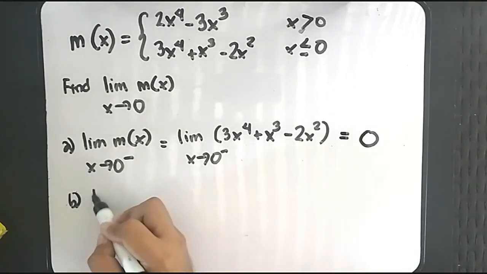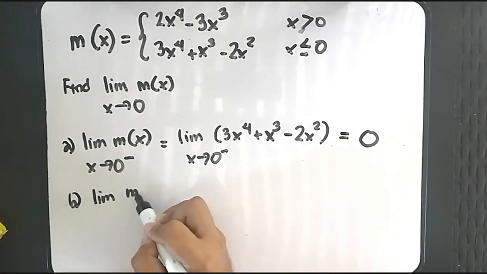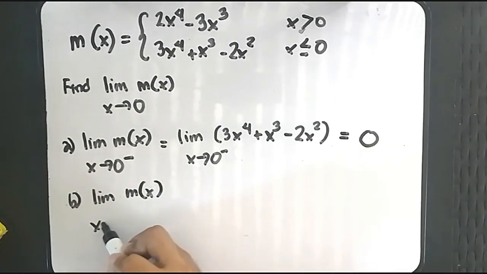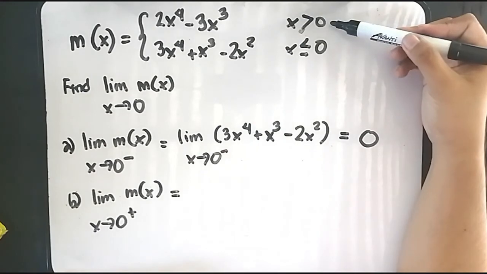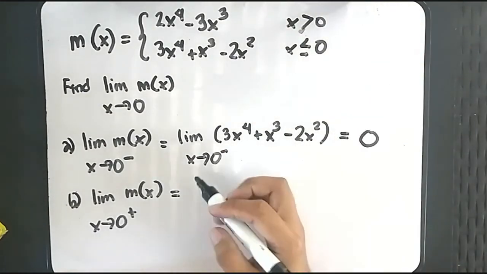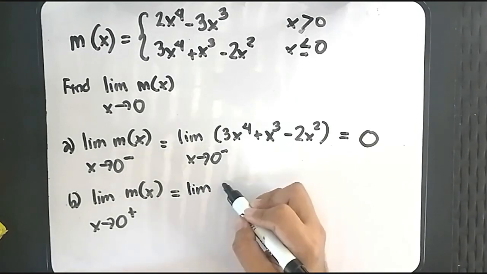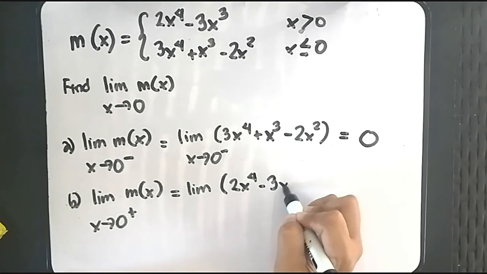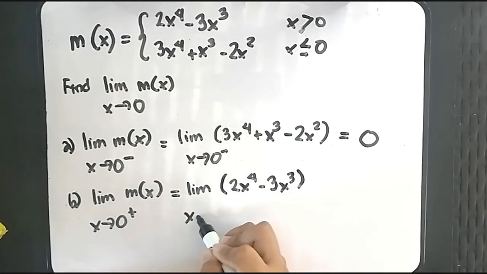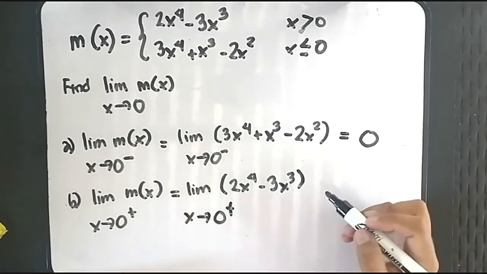For the second part, the limit of m of x as x approaches 0 from the right is equal to, so gamitin naman natin ito kasi ito yung values ng x na greater than 0. So we have the limit of 2x raised to 4 minus 3x cubed as x approaches 0 from the right.